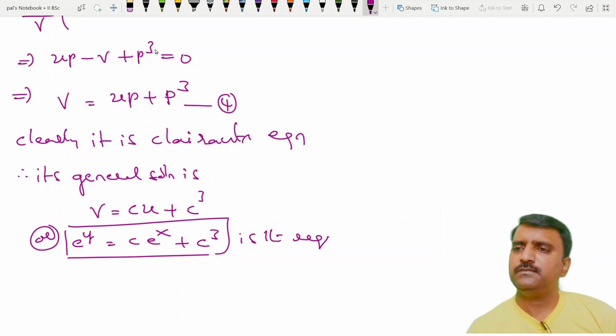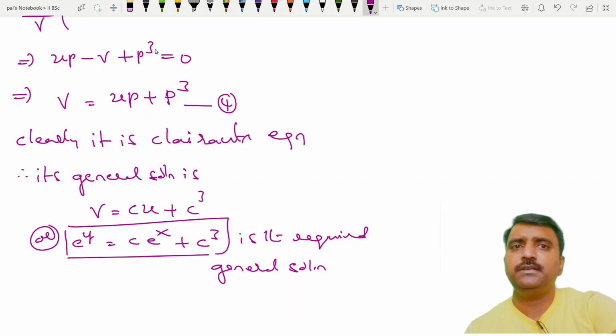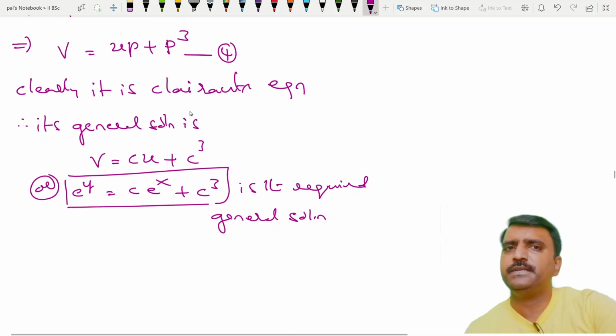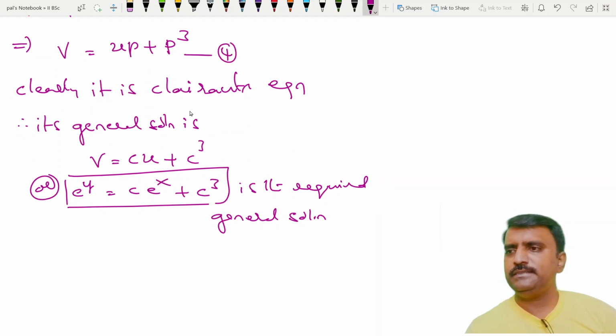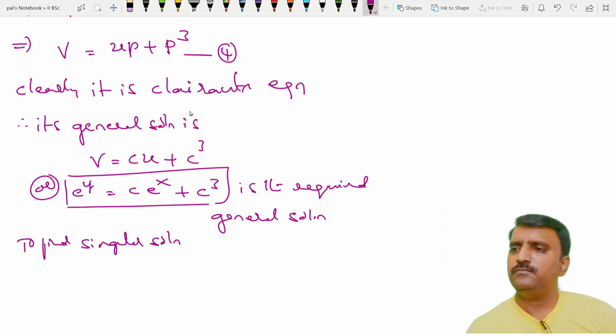So that is the required general solution. To find the singular solution, you differentiate equation 4 partially with respect to p.